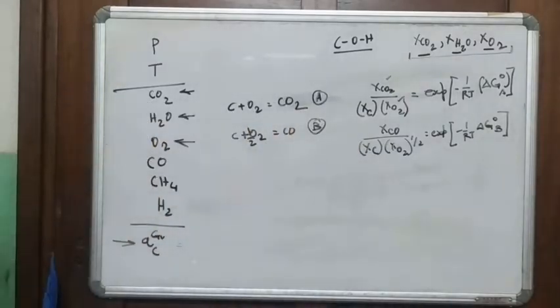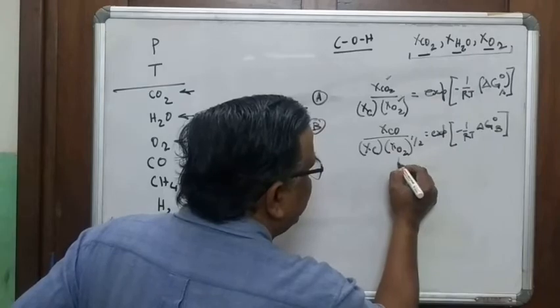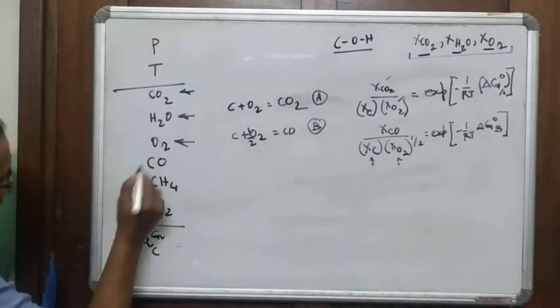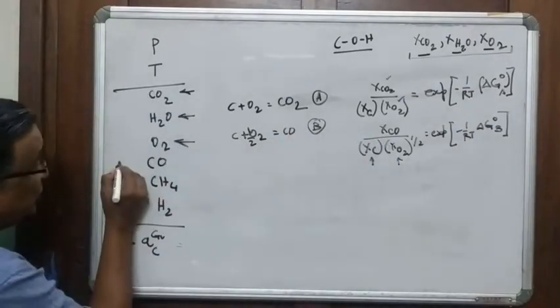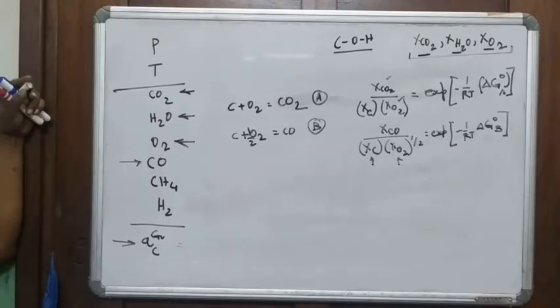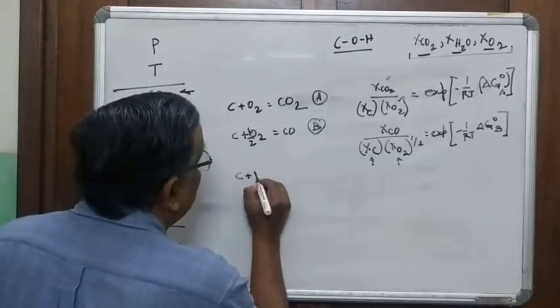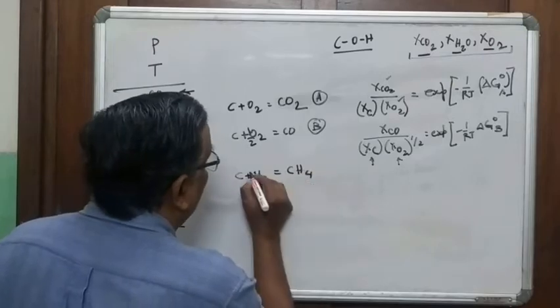Now you see, XO2 is your input data. XC you have just found out. So you can find out XCO. As simple as that. You find out XCO.